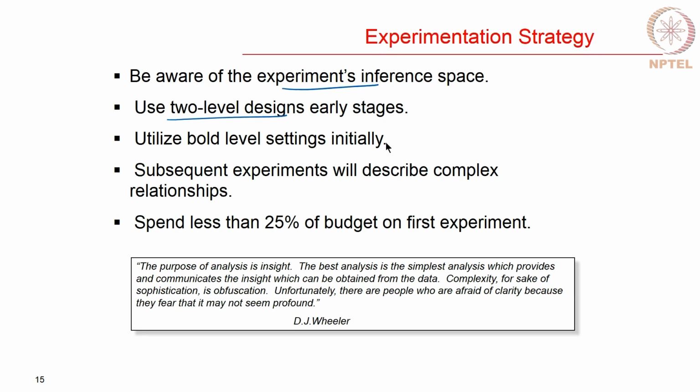Okay, this is all the management language. So, subsequent experiments will describe the complex relationships. This is an interesting point because your budget is usually given upfront. They say I give you about 1 lakh rupees. Now, decide your experiments. Let us say that your experiments are going to cost you 10,000 rupees each.